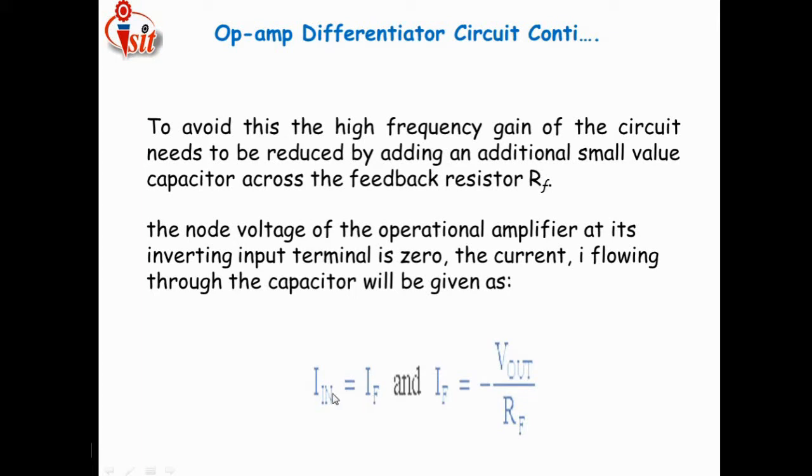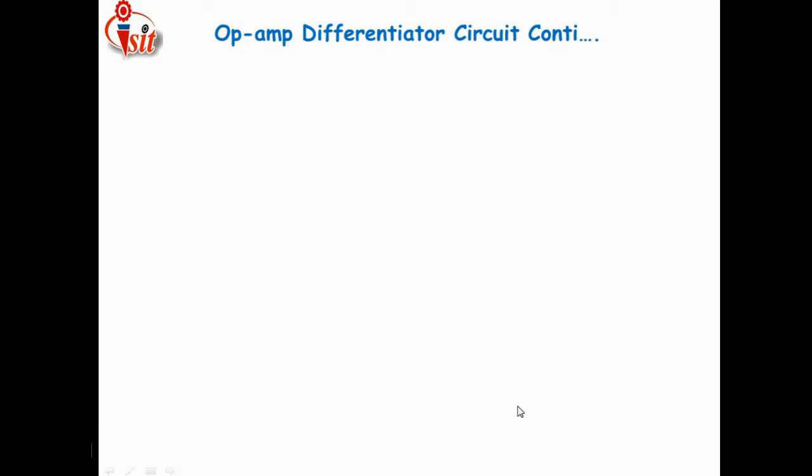That means input current is equal to feedback current, and we are converting that feedback current into terms of voltage by using the formula I is equal to V divided by R. According to that, IF, the feedback current, is equal to V out, the output voltage, divided by the feedback resistor.